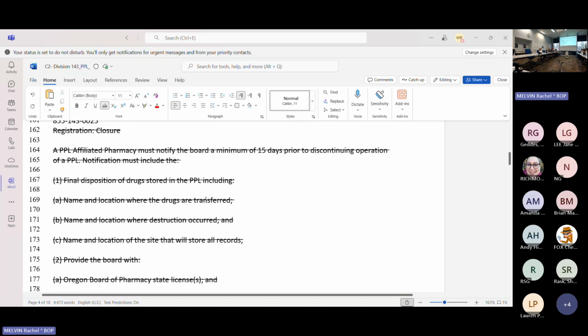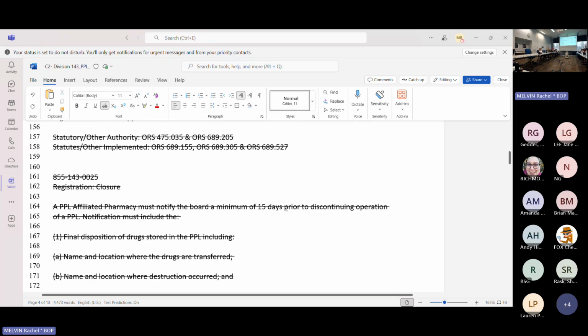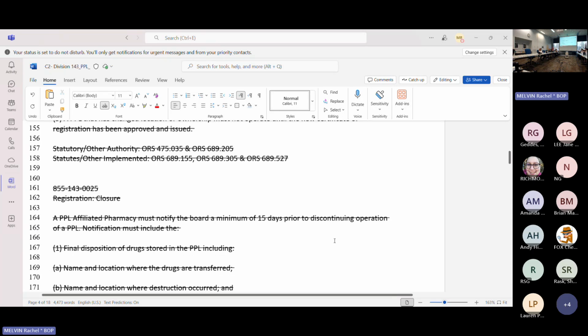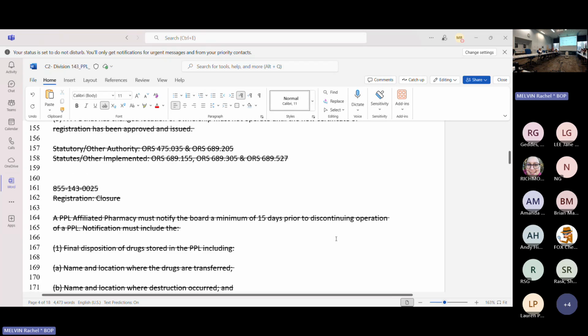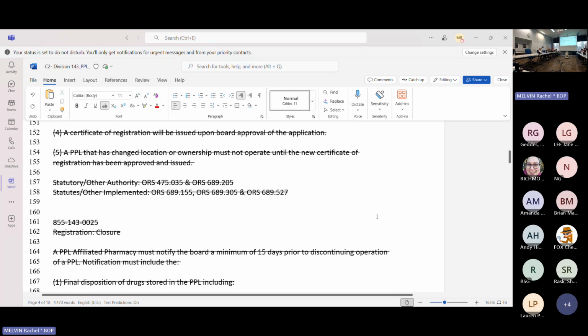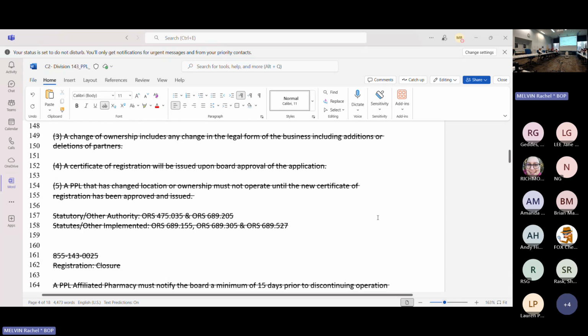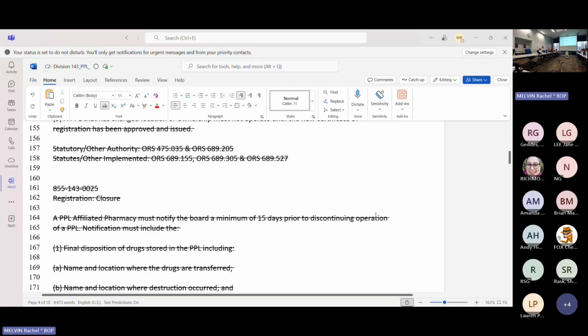Since this is no longer required to be a separate registration, staff would propose striking these sections at this time. Also, the board will be discussing some of these other tenets later in other policy discussions. So I would just open it up collectively for any board members if you have any comments or concerns about striking this language.